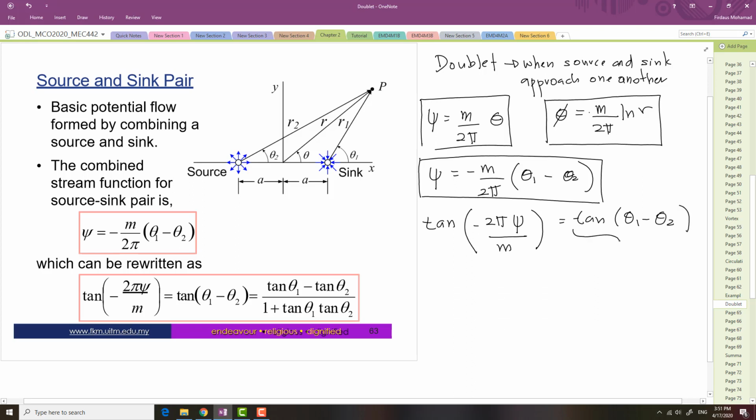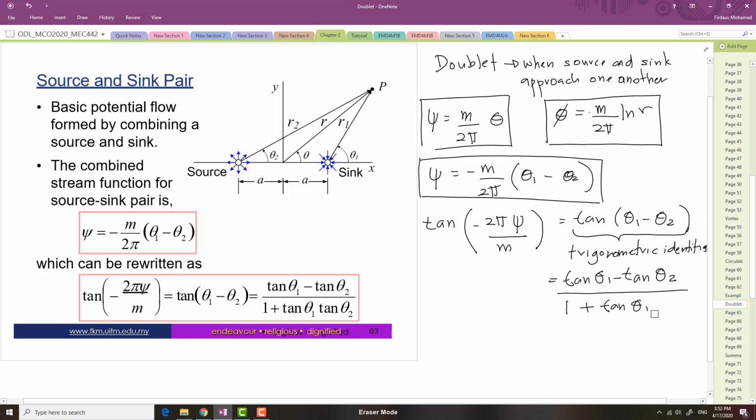Okay, so basically from the trigonometric identities, tangent of theta 1 minus theta 2 equals tangent theta 1 minus tangent theta 2 over 1 plus tangent theta 1 tangent theta 2.